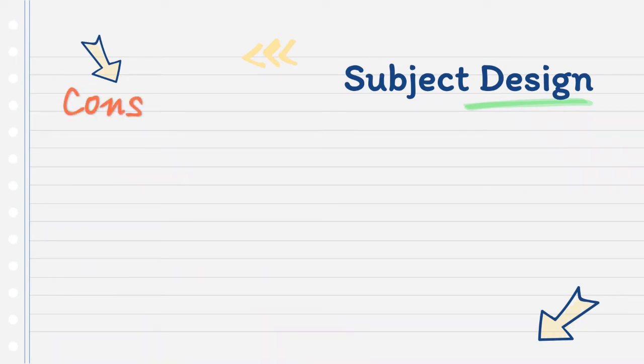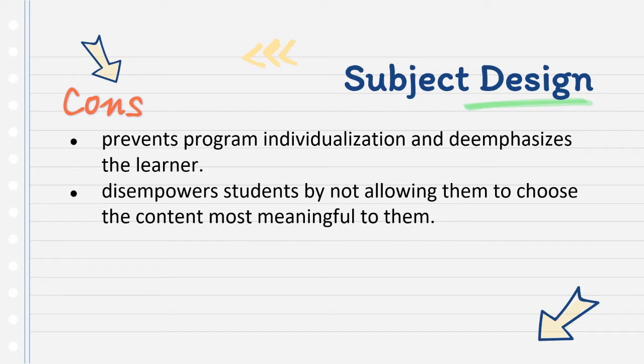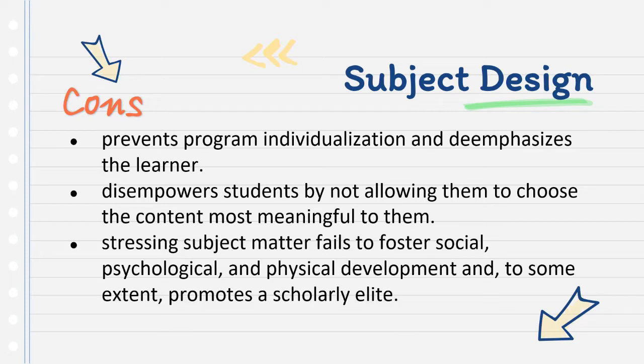However, here are the disadvantages of subject design. Number one, it prevents program individualization and de-emphasizes the learner. Number two, it disempowers students by not allowing them to choose the content most meaningful to them. Three, it stresses subject matter, and it fails to foster social, psychological, and physical development, and to some extent, it promotes a scholarly elite.